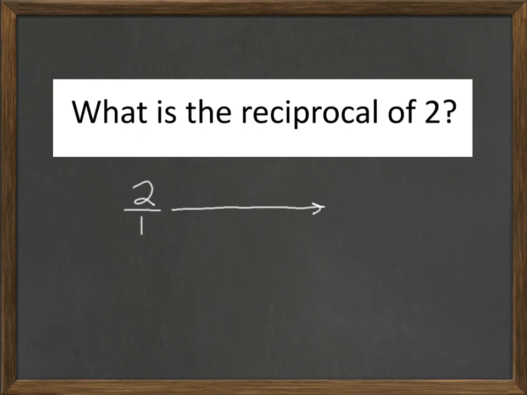If I say I ate 2 pizzas, that means 2 pizzas were divided amongst one person, me. Anytime you multiply or divide by 1, you're not changing the value. So 2 over 1 is the same as 2, and now it's easy to flip it: 2 over 1 becomes 1 over 2. So 1/2 is the reciprocal of 2.